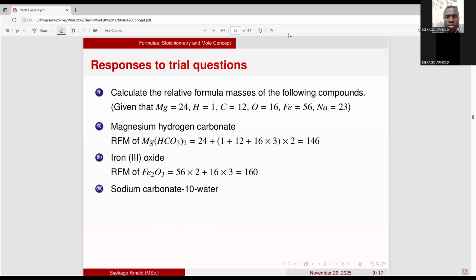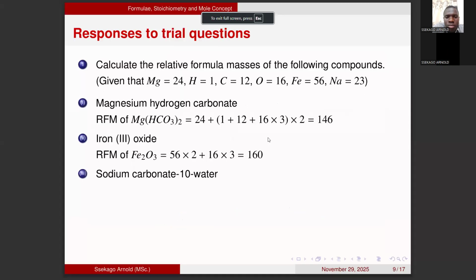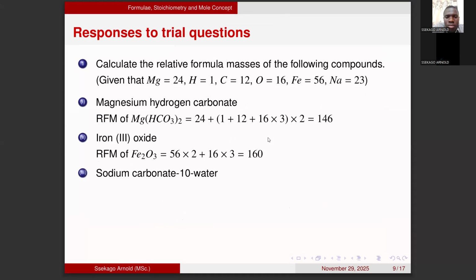Then we see how to calculate the RFM of sodium carbonate 10 water. So for sodium carbonate 10 water, we shall have RFM equal to, so we have sodium with the 2 here down, and each atom of sodium is equal to 23.